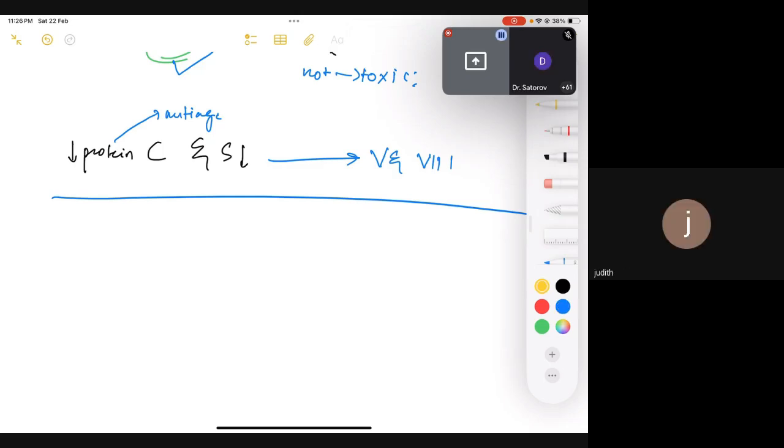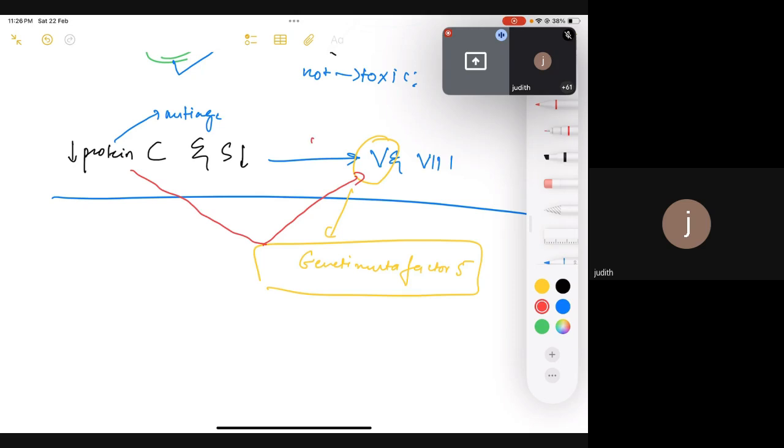Yes, sir. We discussed a condition, for example, if you have a genetic mutation in factor 5. What happens as a result of that? Now your protein C and S cannot inactivate it, right?